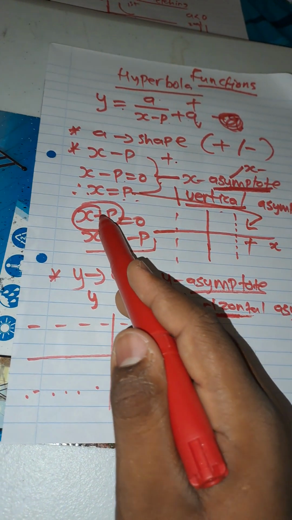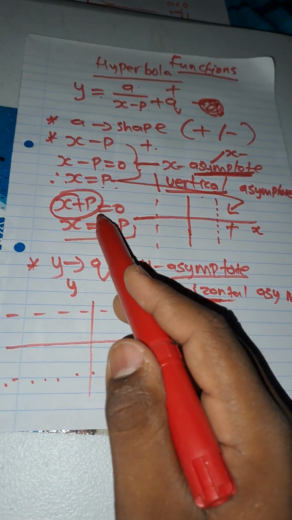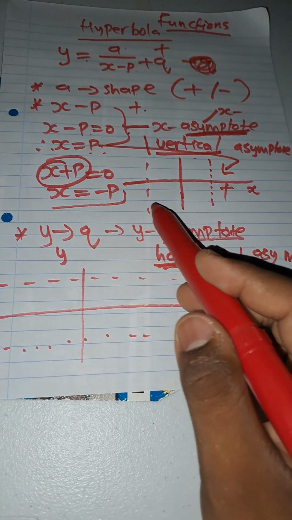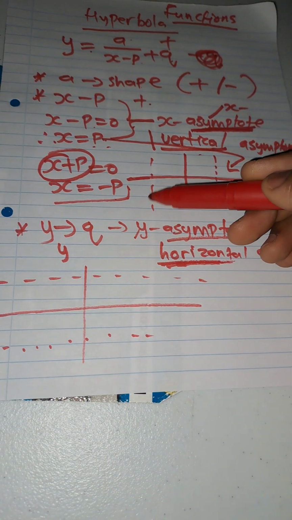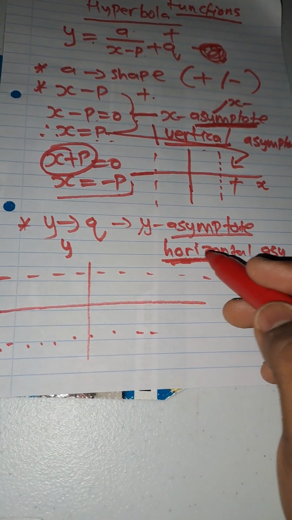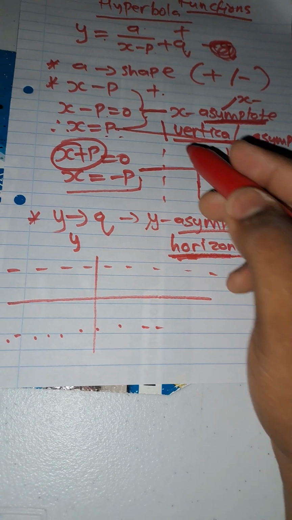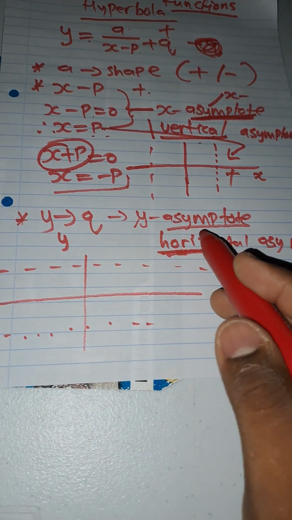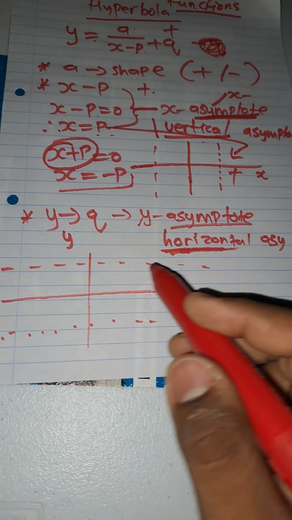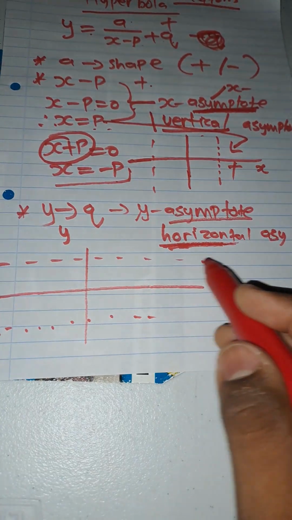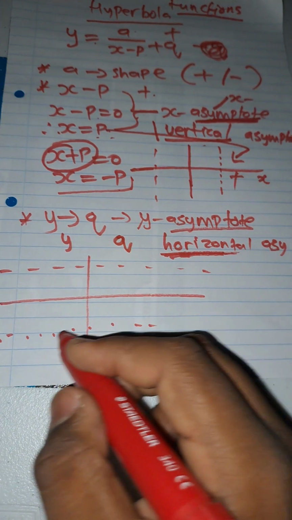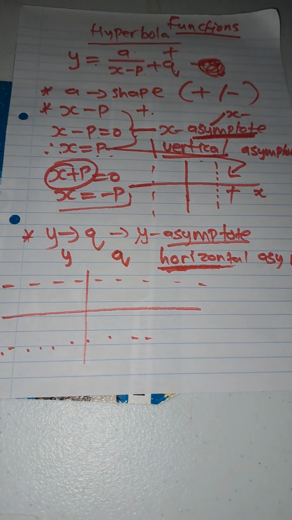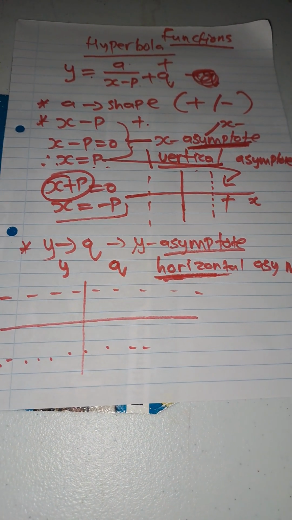If I have x plus p, I cut my graph on the negative side of the x-axis. And my y asymptote, the line, cuts the y-axis horizontally. If q is positive, it will be up there. If q is negative, it will be down there.